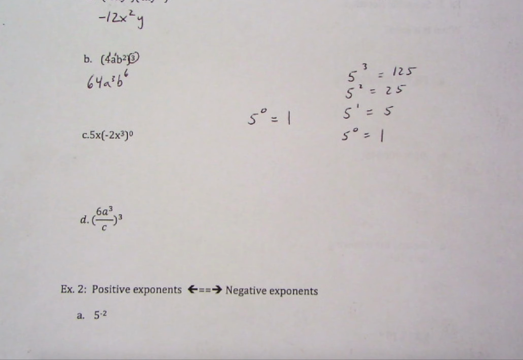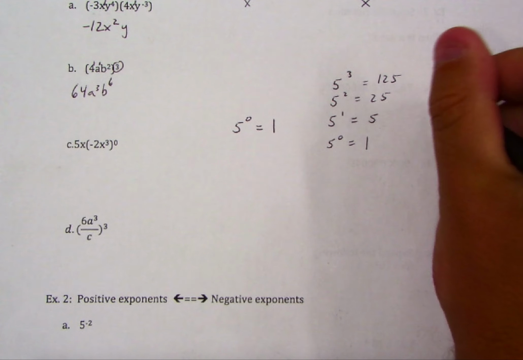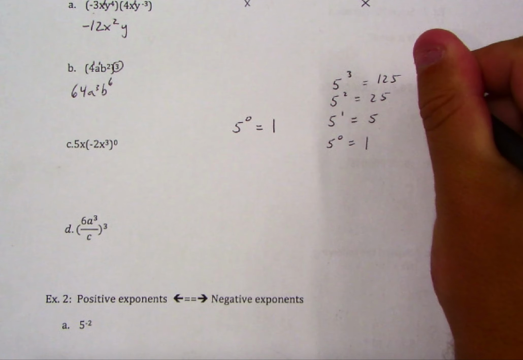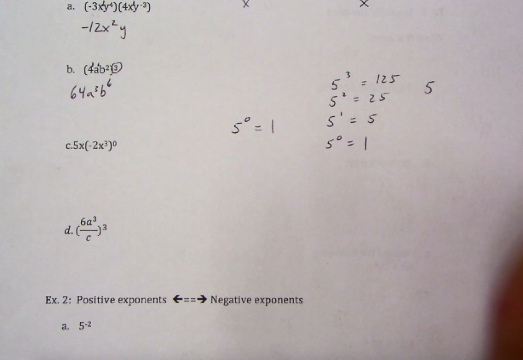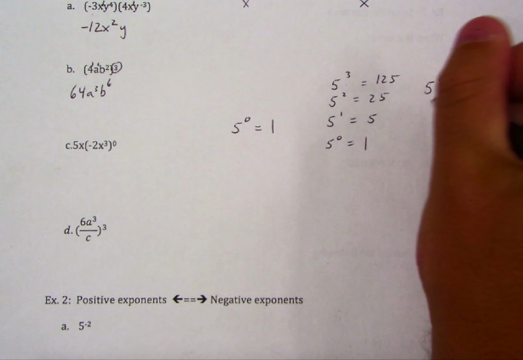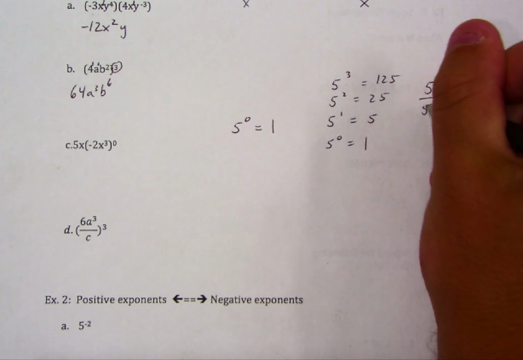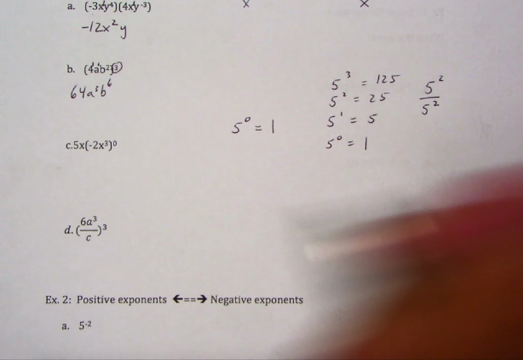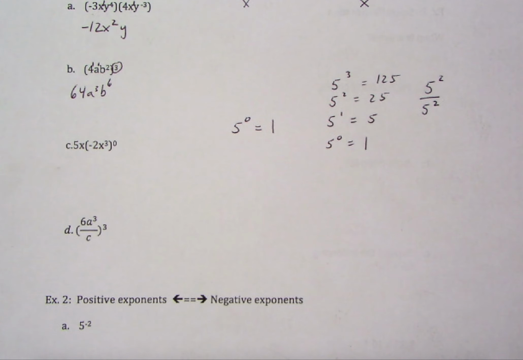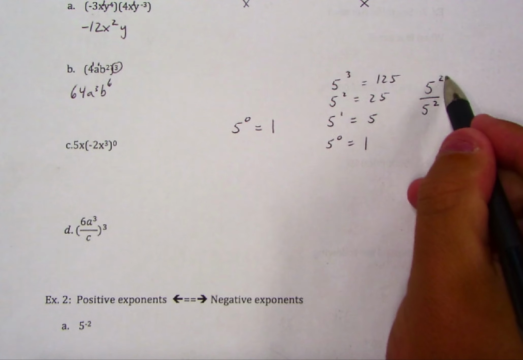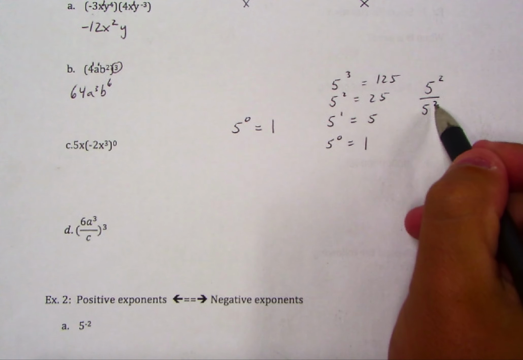The other way we can kind of think about that is this. You know, if we had 5 squared divided by 5 squared. Okay, and what do you think about 5 squared divided by 5 squared? Well, if we would actually divide this out, this would be 25 divided by 25.